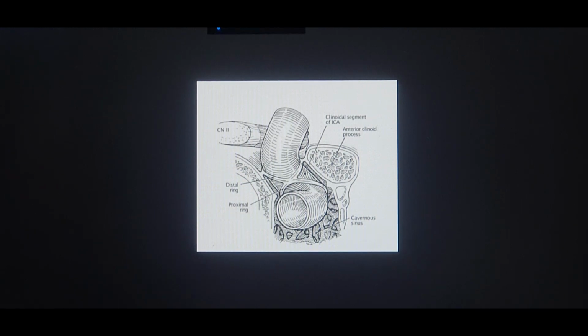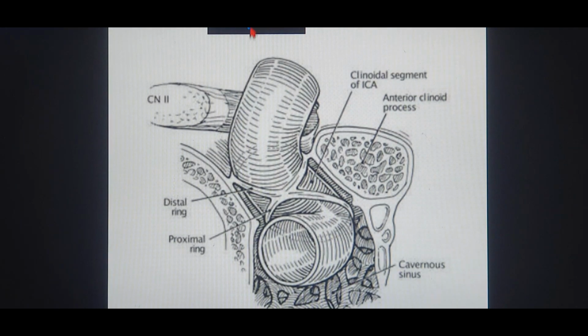If you look carefully at this photograph, this is the patient's right side. This is a posterior view, like a view from behind. You can see the optic chiasm over here, the optic nerve, that's the ICA, that's the clinoid process, that's the anterior clinoid process right here, and that's the cavernous sinus, and that's the lateral wall of the cavernous sinus.